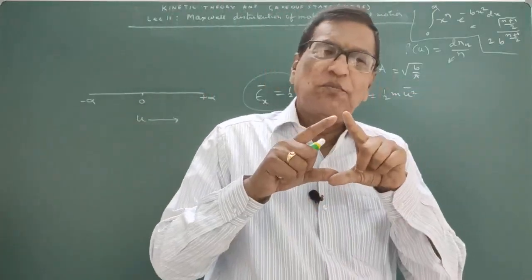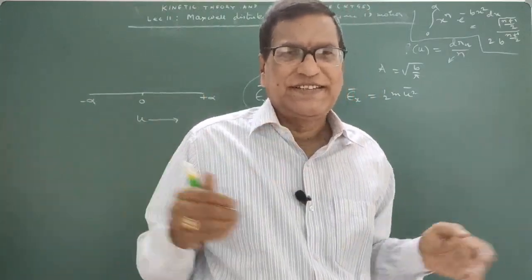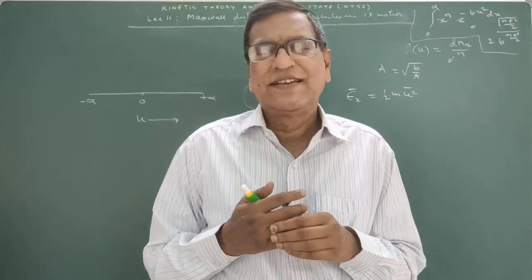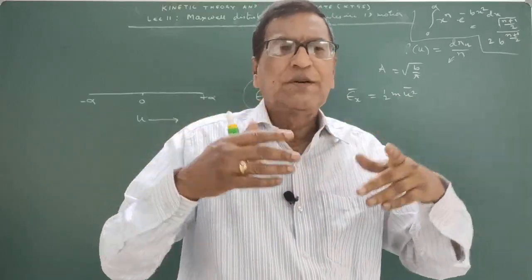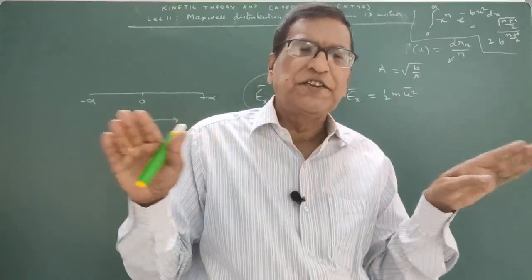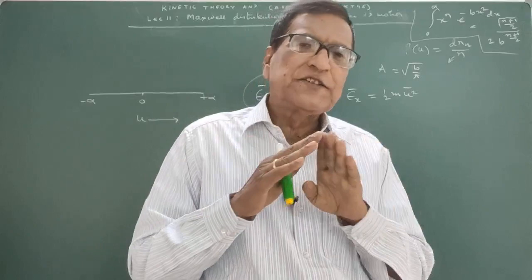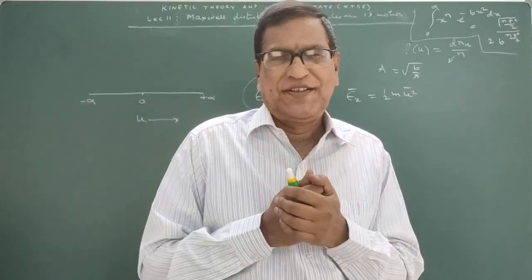Here, since all molecules are moving in a particular direction along this x-axis, the motion of the molecules has a particular direction and also magnitude. So I think it is better to call it velocity instead of speed.